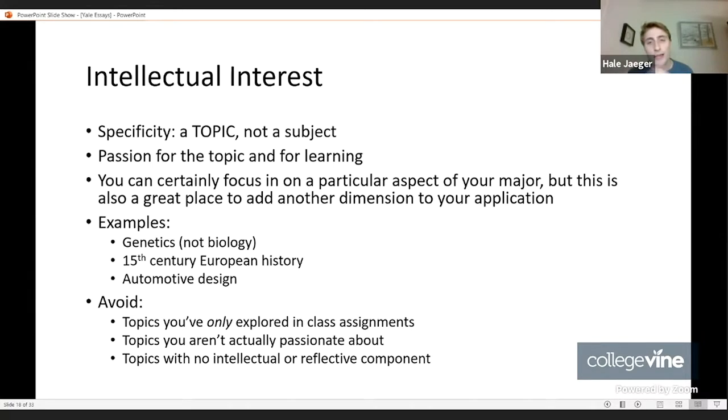The third example I gave here is one that is totally non-academic in the traditional sense, but something that is an intellectual interest anyway: automotive design. It's something that you can be really passionate about and have explored deeply, and often is something you will have done largely outside the classroom.